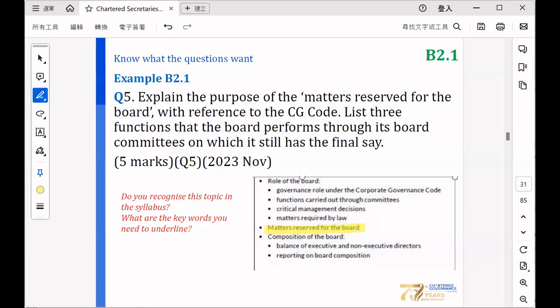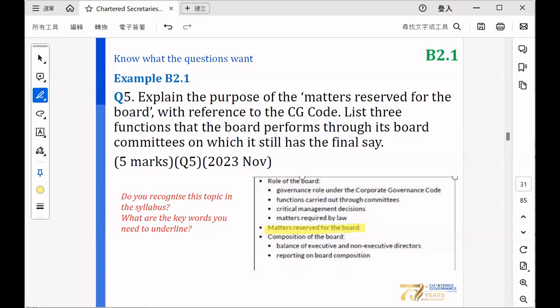Even though the audit committee recommends, it's the board which finally approves the accounts or any financial statement. The same applies to proposing the appointment of auditors. So you can probably guess that you're required to list three functions. If you state them correctly, then it will be 3 marks for three functions.